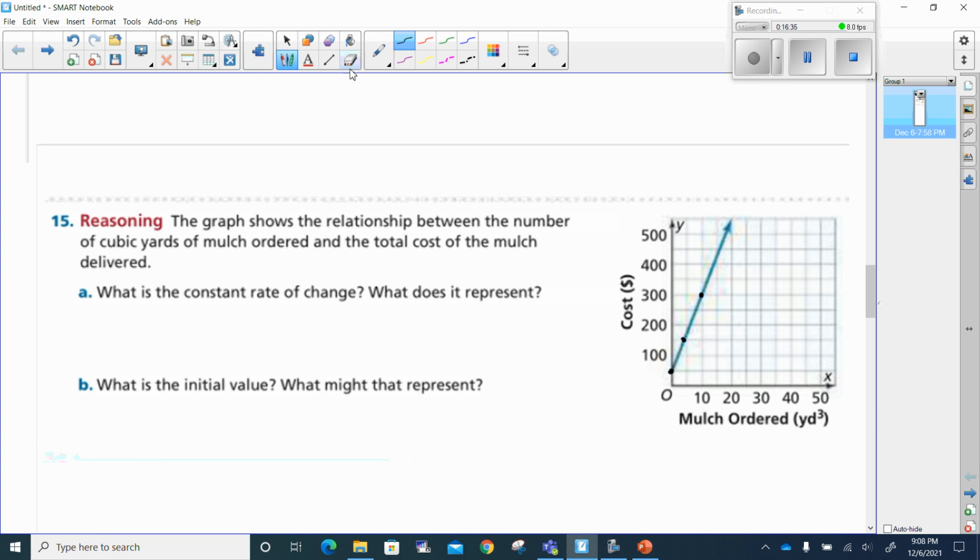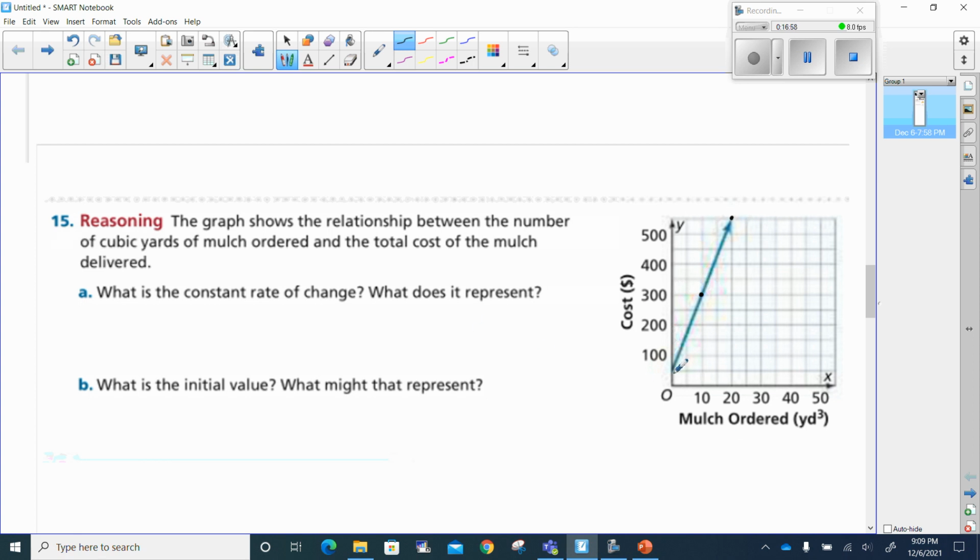It doesn't look perfect like it does up here. Looks a little off. I'm going to keep looking up, and it's a little off here again, and then it's over here. So that tells me it's going up 1, 2, 3, 4, 5, and over 2. 1, 2, 3, 4, 5, and over 2. So that's 5 over 2.